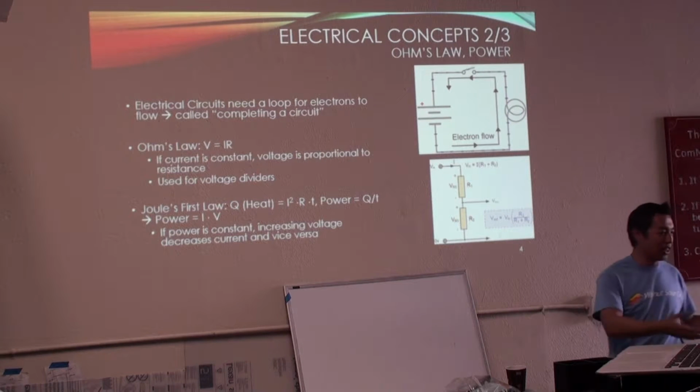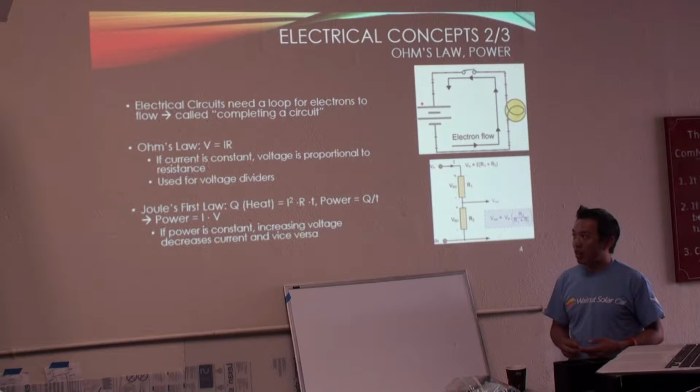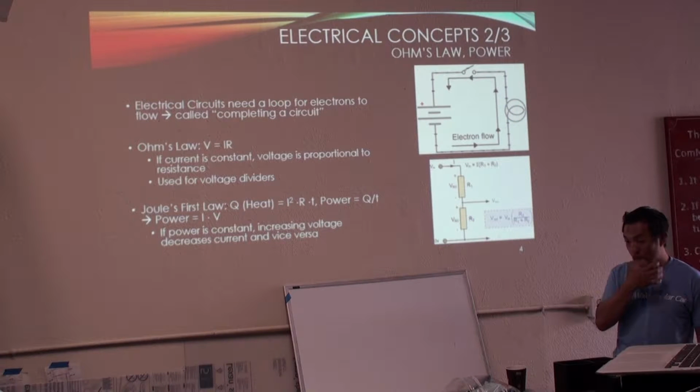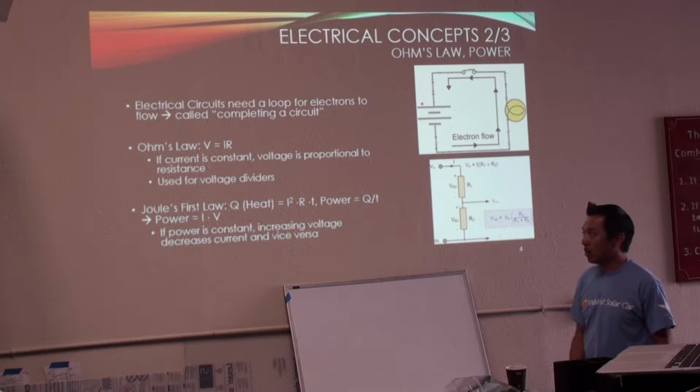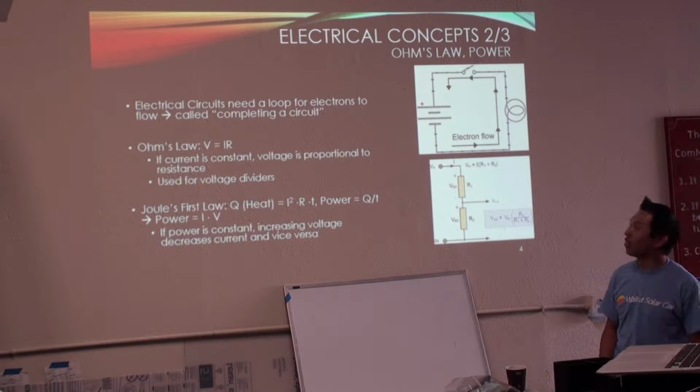Makes sense. We already know this because we do this with the solar panel. Let me put some relationships up there for you. Ohm's law: V equals IR, voltage equals current times resistance. Current is I, not C for some reason.